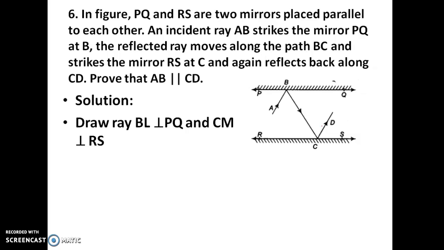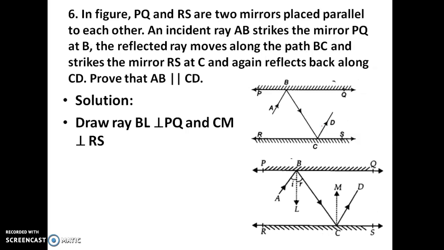Draw ray BL perpendicular to PQ and CM perpendicular to RS. So how to draw? We are going to draw BL. This is perpendicular to PQ, to this mirror, this BL is perpendicular. Similarly, this MC is perpendicular to the mirror RS.